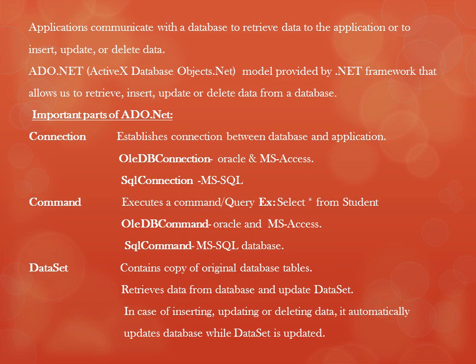The second component is the command object. This is used to execute a command or a query. If we use Oracle or MS Access, we should use OLEDB command, or if we use MS SQL as the database, we should use SQL command.